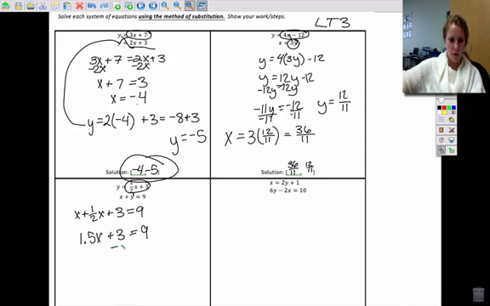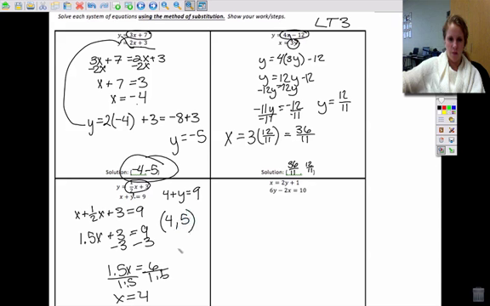And then if we subtract 3 from both sides, we have 1.5x equals 6, and then divide by 1.5, and x equals 4. Okay, but that's not my answer. I need to plug it back in here. If x equals 4, then 4 plus y is going to equal 9, so my answer is 4, 5.